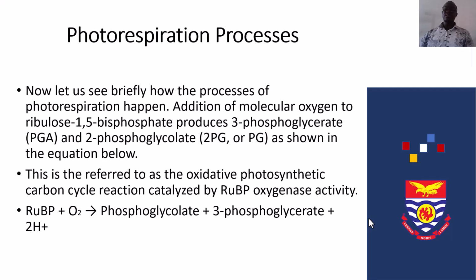This is referred to as the oxidative photosynthetic carbon cycle reaction catalyzed by ribulose biphosphate oxygenase activity. So ribulose biphosphate plus oxygen gives phosphoglycolate plus 3-phosphoglycerate plus 2 molecules of hydrogen.